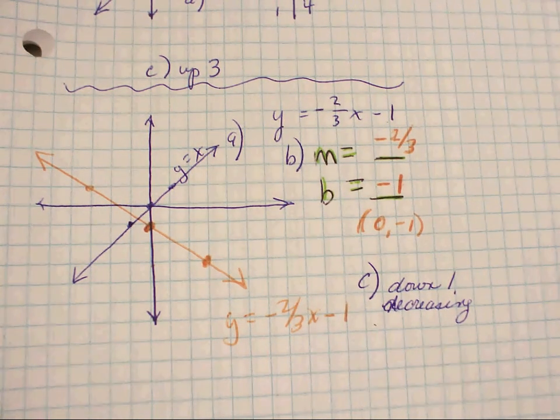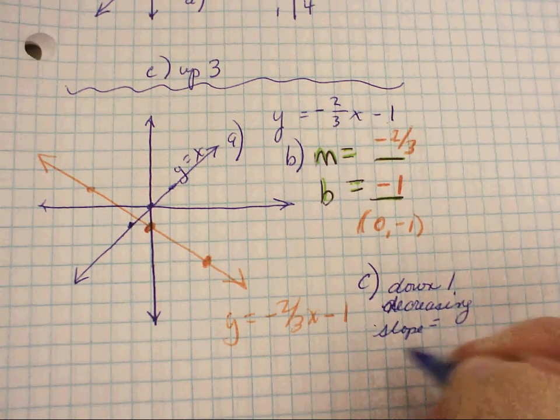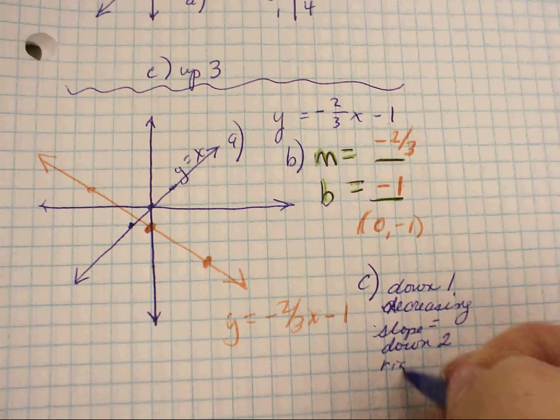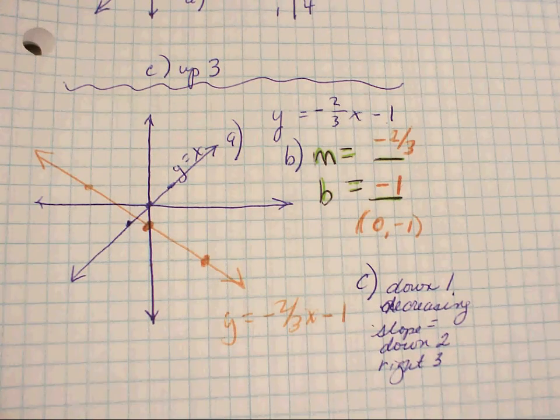Now the negative in front made it decreasing. What else happened to the slope? Instead of being up 1, right 1, now it is down 2, right 3. Perfect. Instead of up 1, right 1.